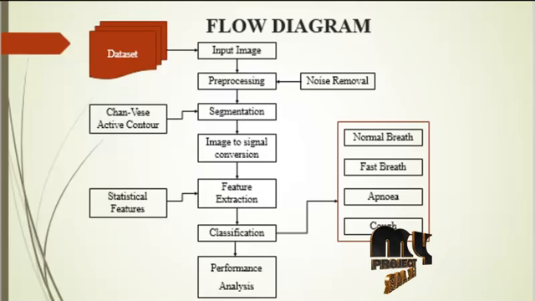This process is called feature extraction. The feature extraction is expected to contain the relevant information from the input data, so that the desired task can be performed by using this reduced representation instead of the complete initial data.